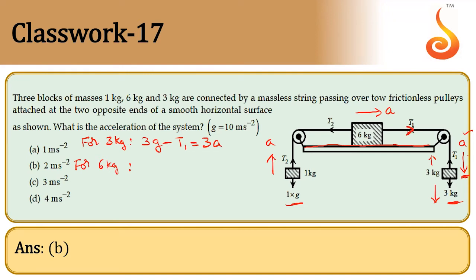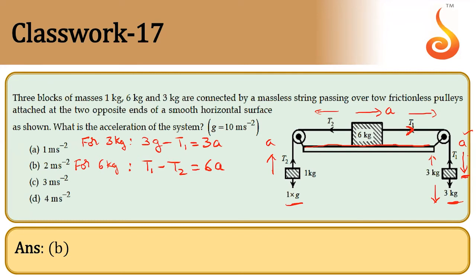It should always be directed towards the pulley. All tension should be towards the pulley. So T1 is pulling it this way, T2 is pulling it this way. Under the action of this, it is moving towards the right. So T1 must be greater. T1 minus T2 is equal to 6A. We don't know what A is. We need to find that only.